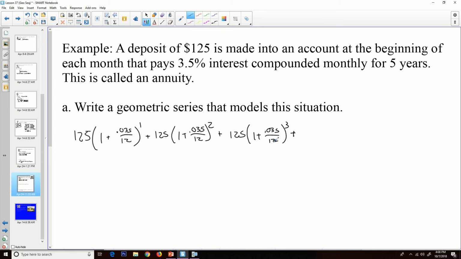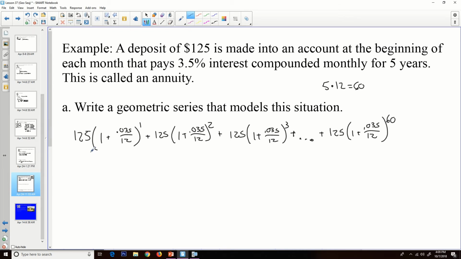So instead of writing all of these out, we'll put dot, dot, dot, and we'll say in 5 years, 5 years times 12 months, that's 60 months. So after 60 months, this first $125 keeps moving down every month until it has 1 plus 0.035 over 12 to the 60th, and all of them continue to move down.